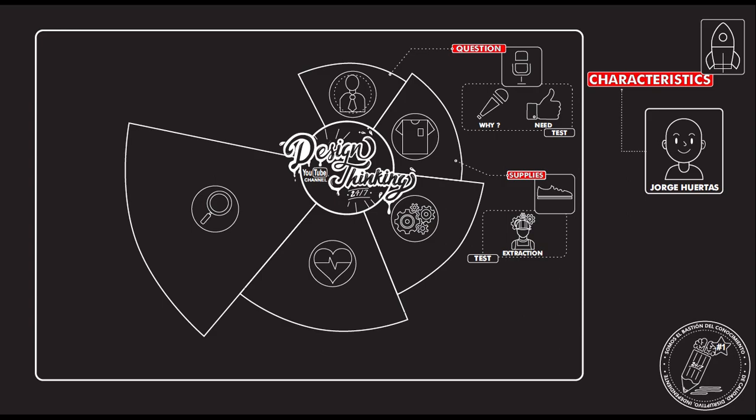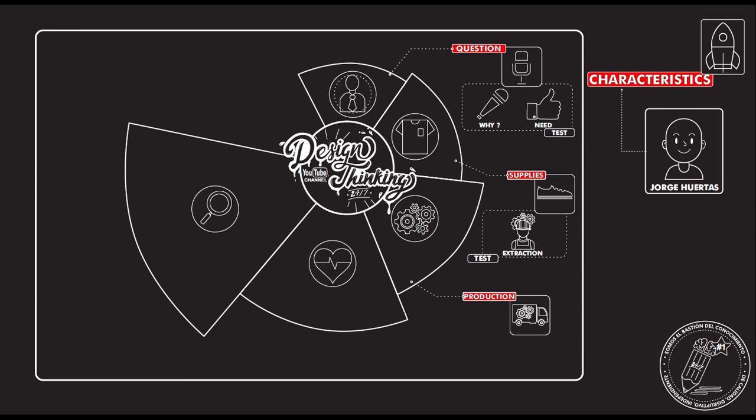Many times a designer creates things and doesn't know where they come from. It's extremely important that you educate yourself and know the life cycle of the product or service. If you don't know what a life cycle is, please go to our channel and watch the video on life cycle, because that is extremely important. You need to be aware of all the process and all the consequences it has on the environment.